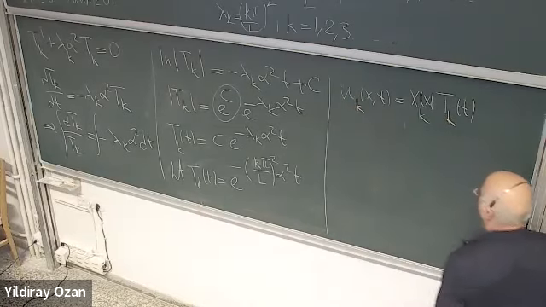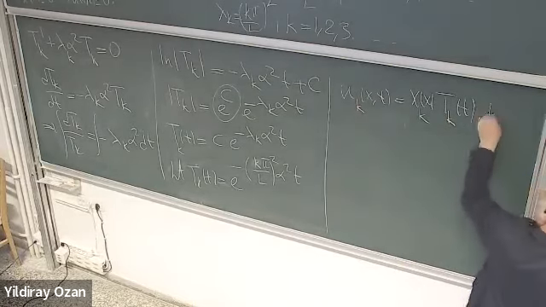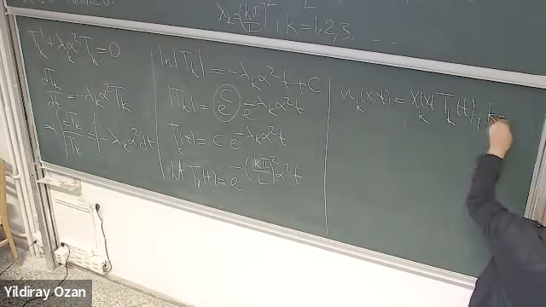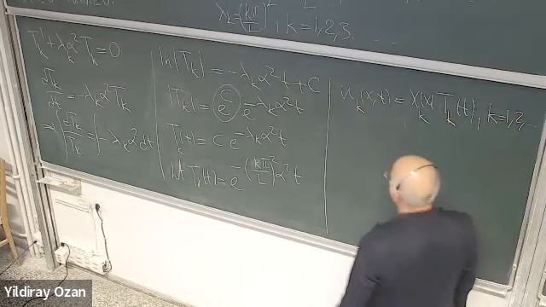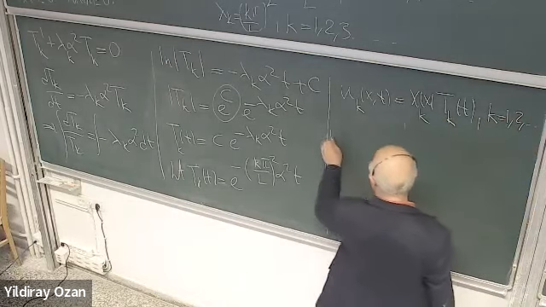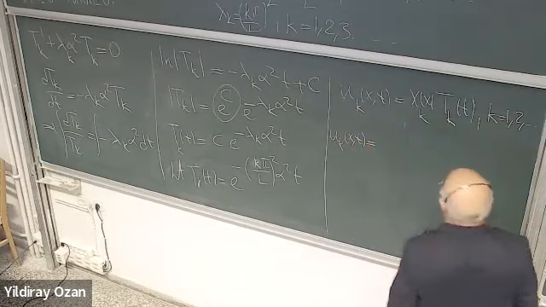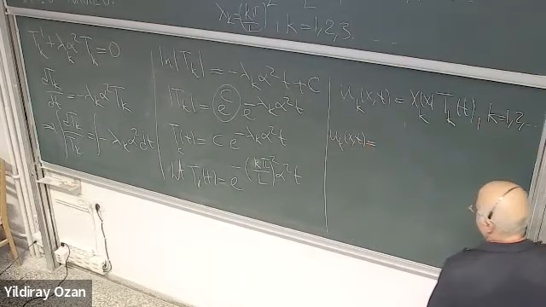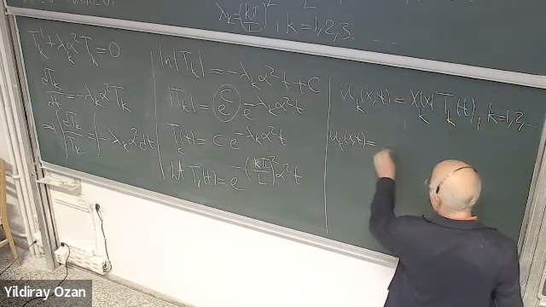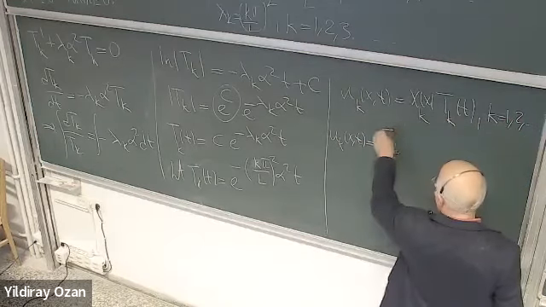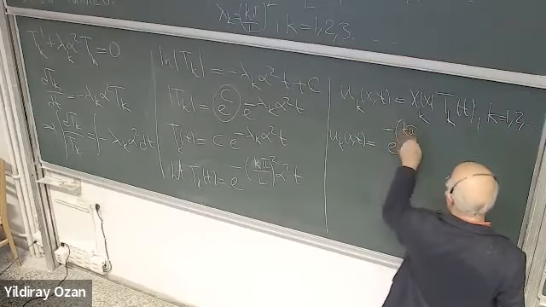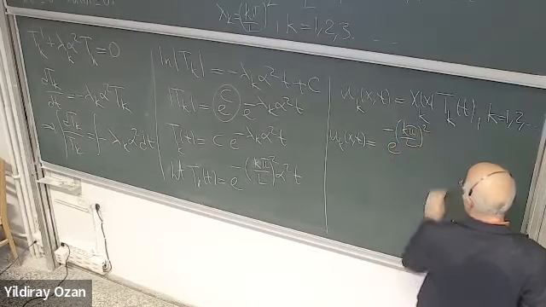Therefore, this is just k, so 1, 2, and so on. And u_k is just what? This is e to the power minus k pi over L squared.